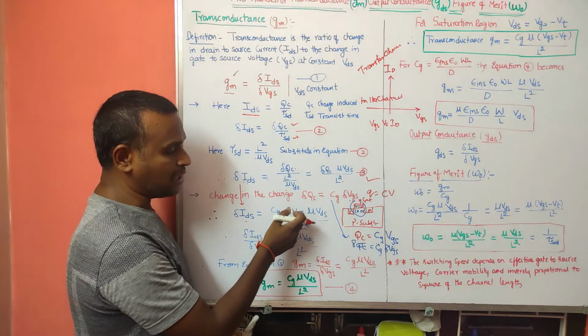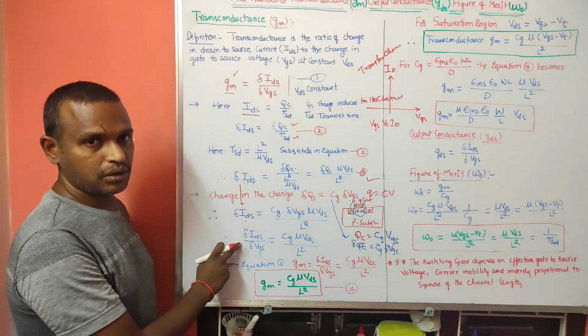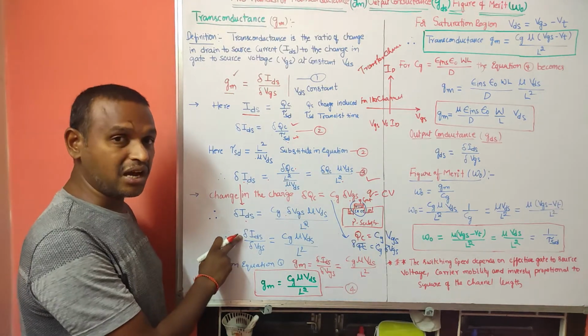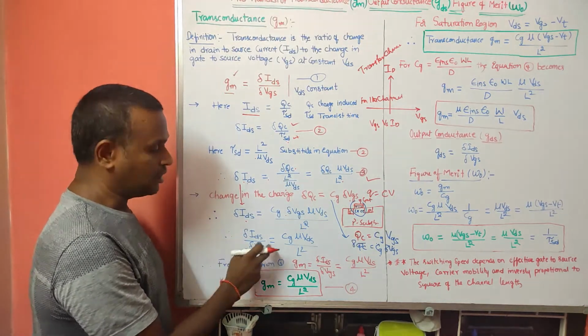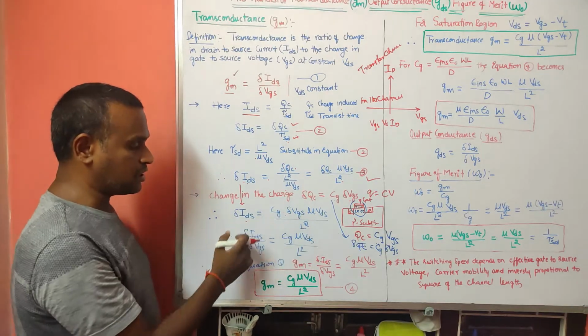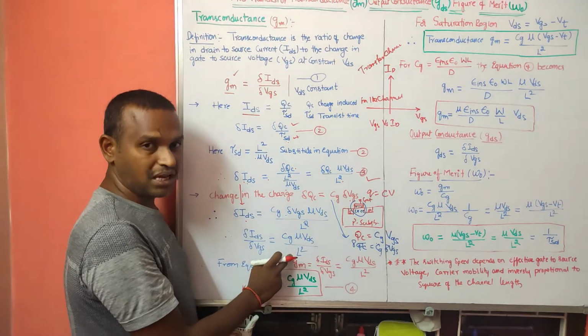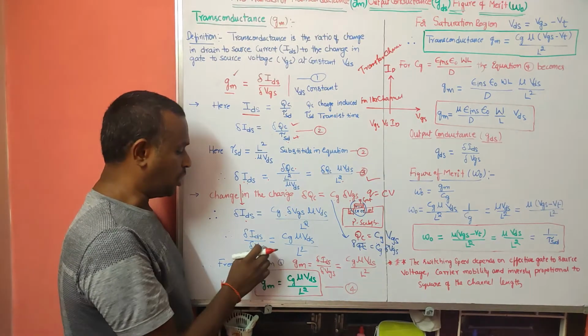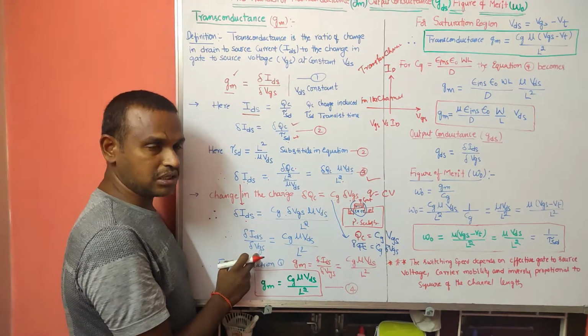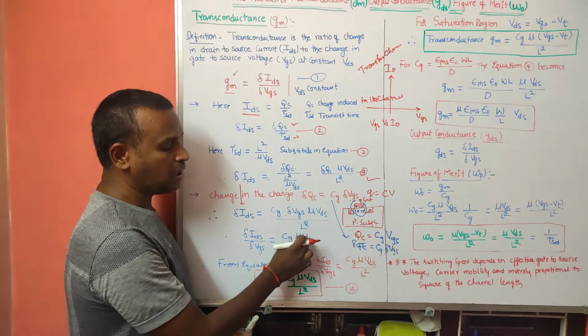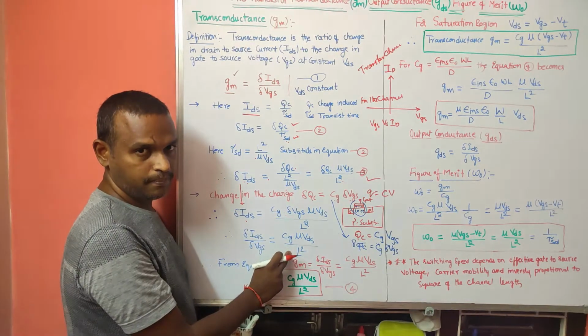So I am taking this delta VGS to this side. Therefore it is delta IDS by delta VGS. What is the remaining thing if I take this delta VGS here? That is CG mu VDS by L square. So delta IDS by delta VGS is equal to CG mu VDS by L square.